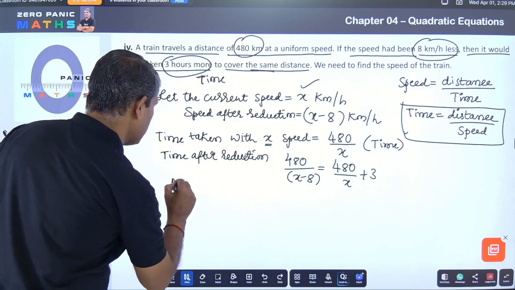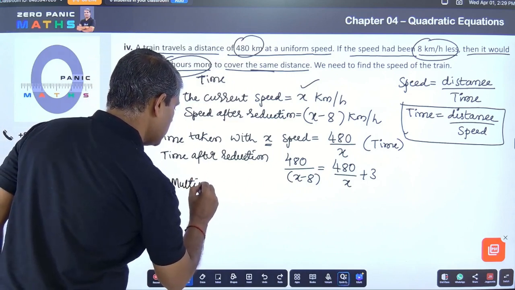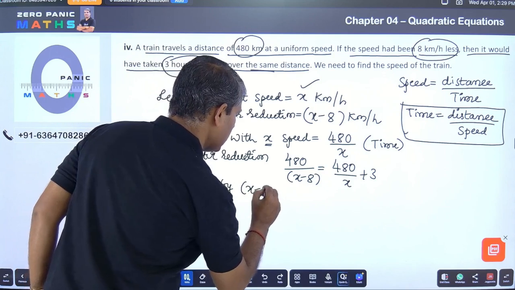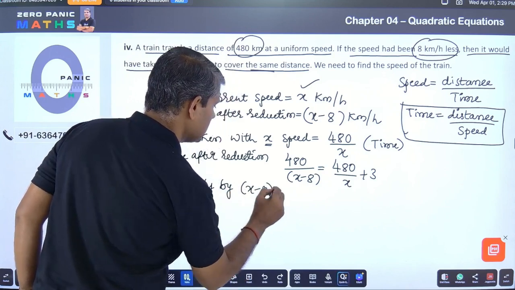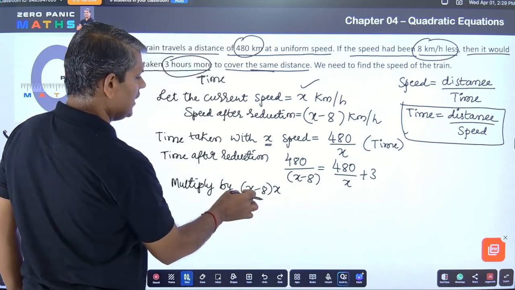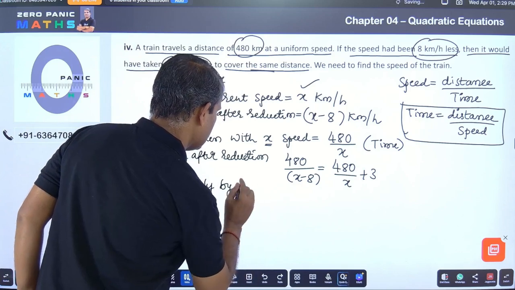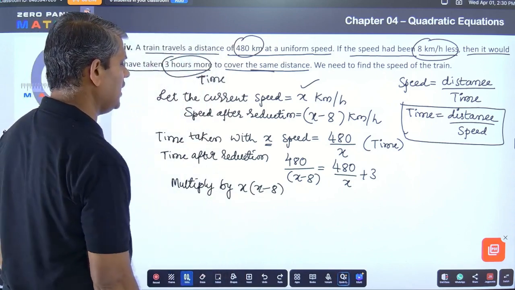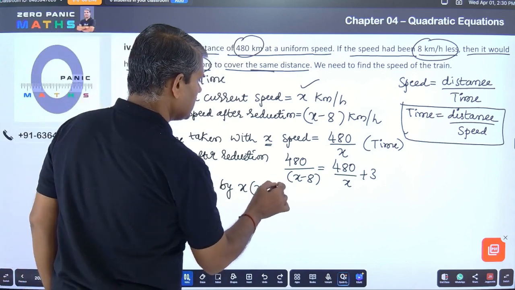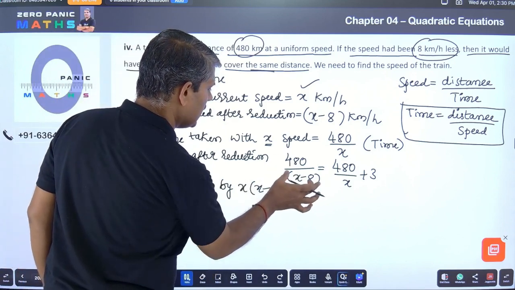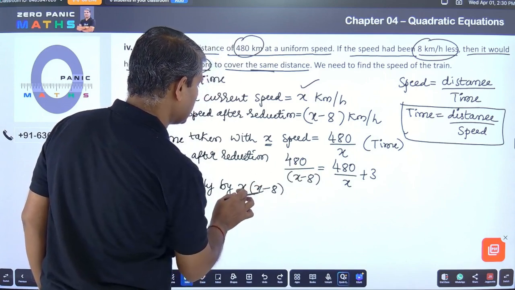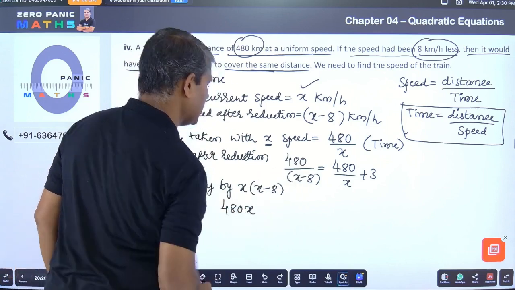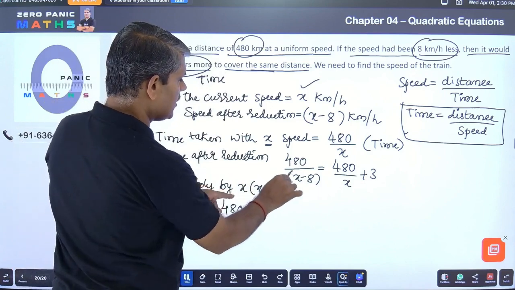So multiply by x minus 8 and x, that is x into x minus 8. What will we get? For the first term, the x minus 8 terms will get cancelled and we get 480x, because it cancels this term on the first side.